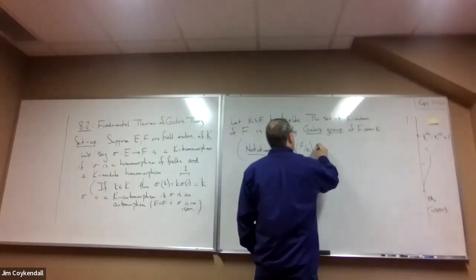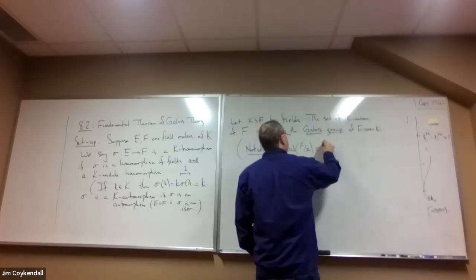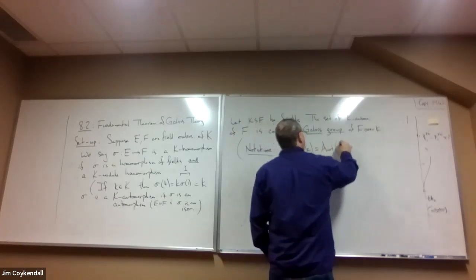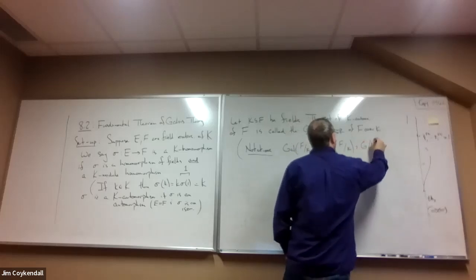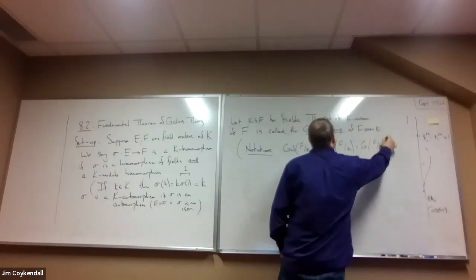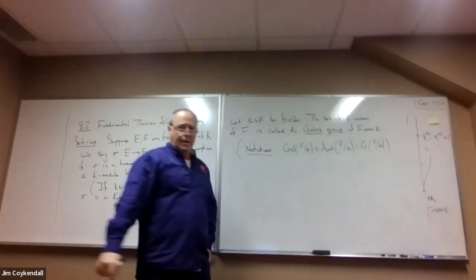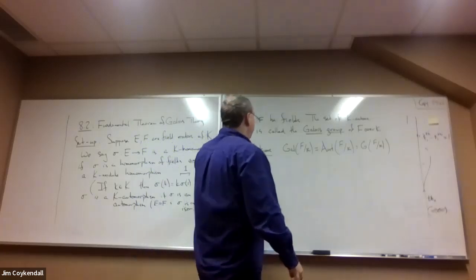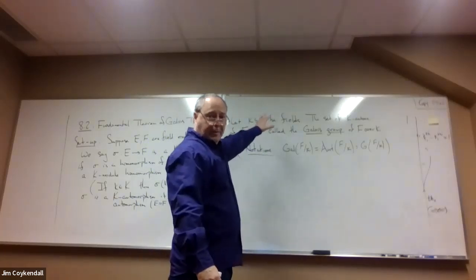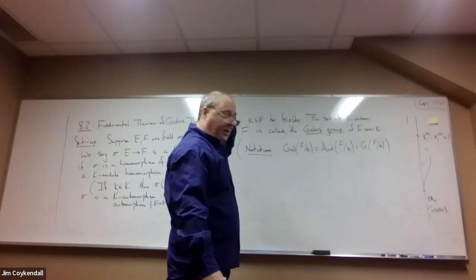Galois group of F over K. This is synonymous with the automorphism group of F over K. Sometimes people are really lazy and write GF. Do that sometimes. Let me point out that the set of automorphisms form a group under function composition, right?